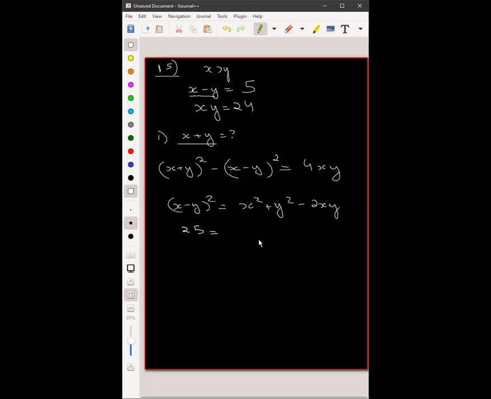Yeah, that's fine also. So you can get x plus y. No, but you will get x squared plus y squared. Then what will you do after that? Okay, so you transpose 48. Then x square plus y square is equal to 48 plus 25, which is 73.